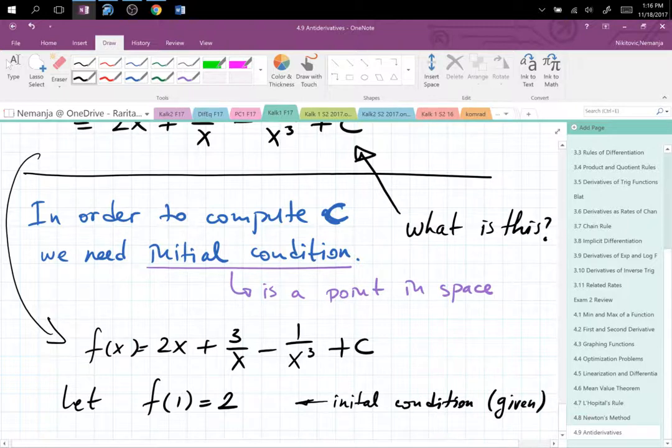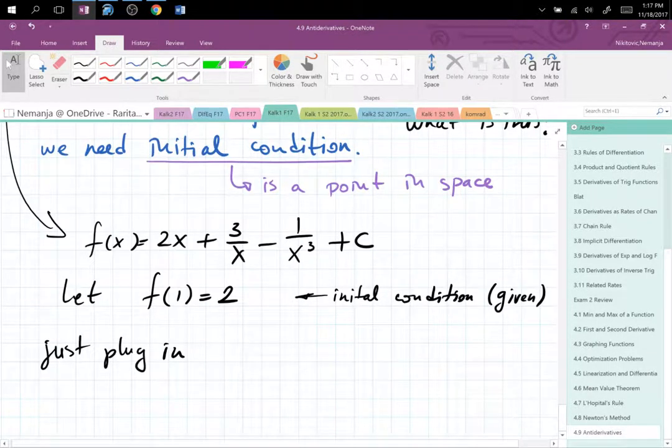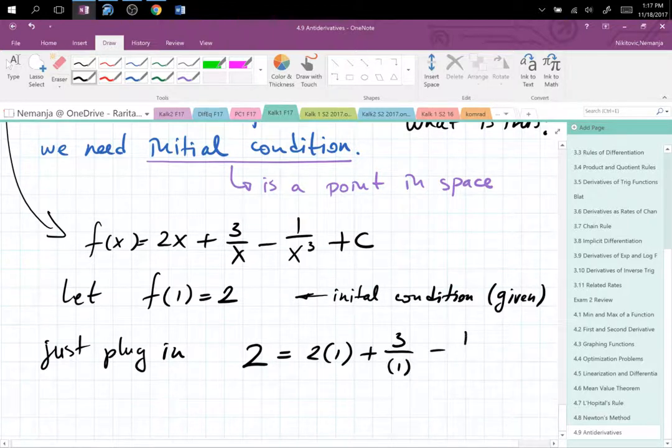So you get the integral and you get the initial condition. If you get the initial condition, you can compute c. It's done, simply just plug it in. Just plug in. So f of x is replaced by 2. On the other end, you have 2 times 1 plus 3 over 1 minus 1 over 1 cubed plus c.